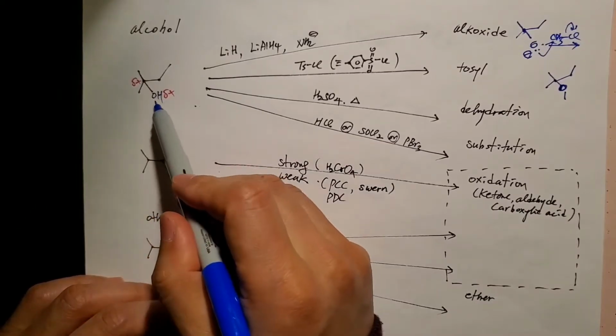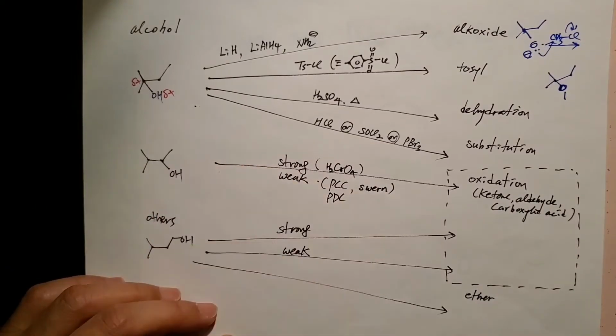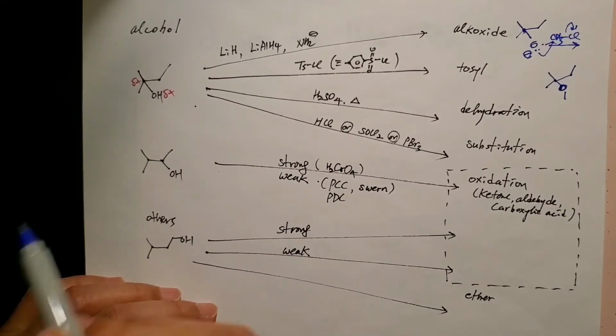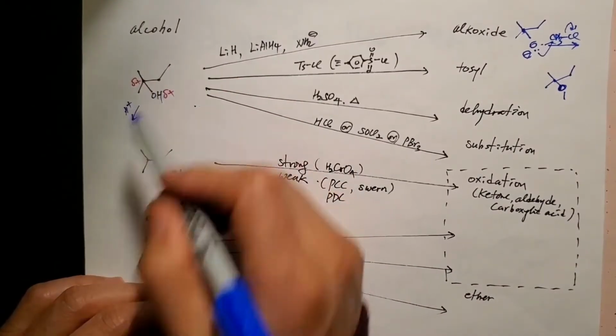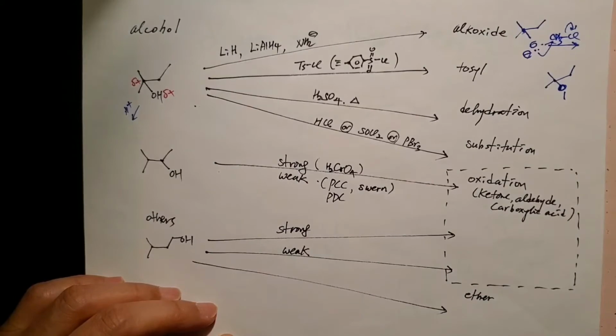Well, we also talked about the OH. You can make it a better leaving group by adding electrophiles such as H+. Then you create water there, and you can have SN2 or E2, even SN1 and E1 using weak base.